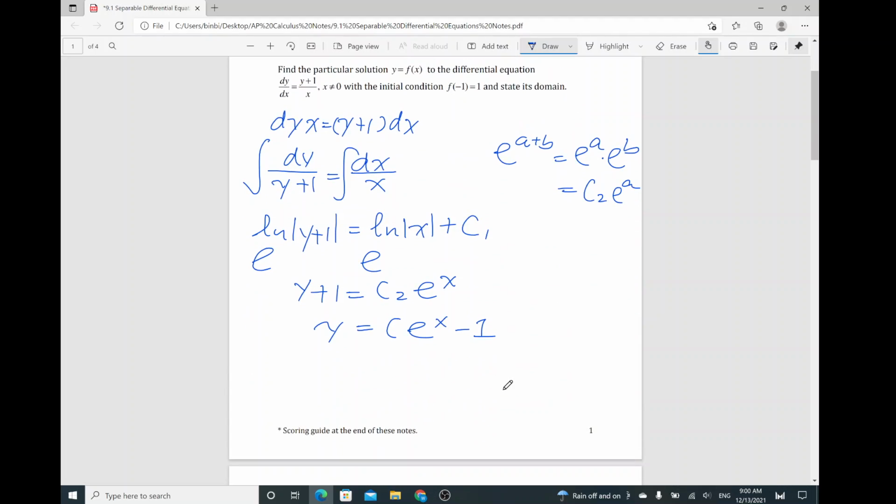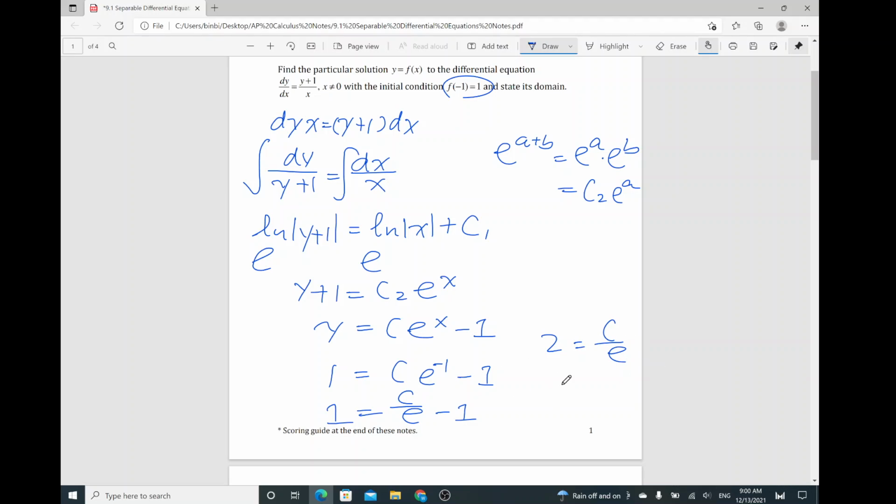Now another thing is the condition f of negative 1 equals 1. Using the initial condition, we can solve for c. Plug in 1 for y, and we get c times e to the power of negative 1, minus 1. Basically this is c over e minus 1, and that equals 1. Add 1 on both sides, so we get 2 equals c over e.